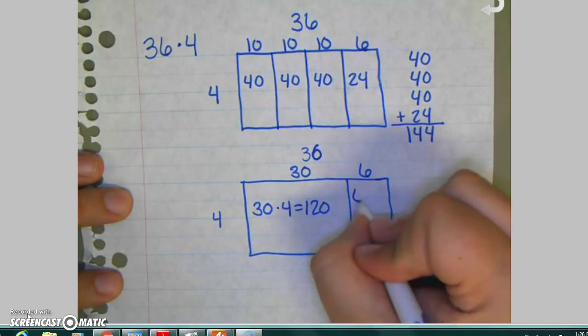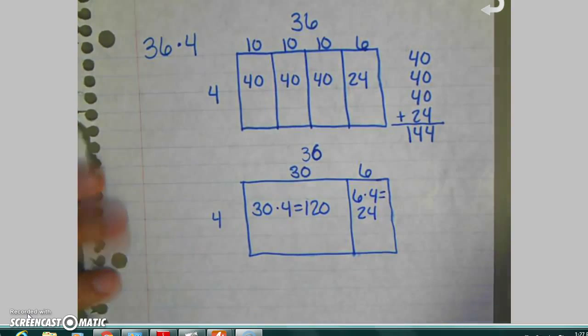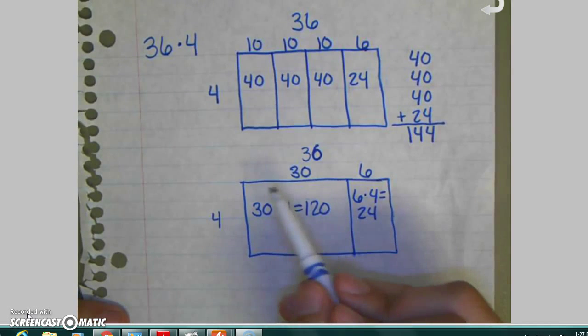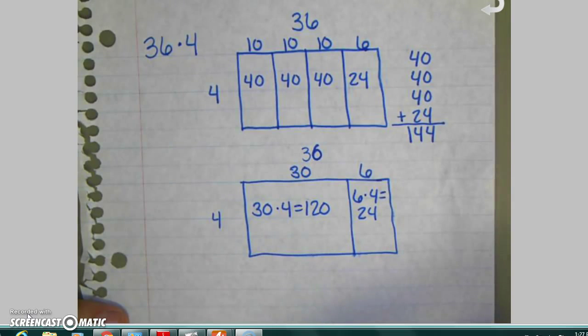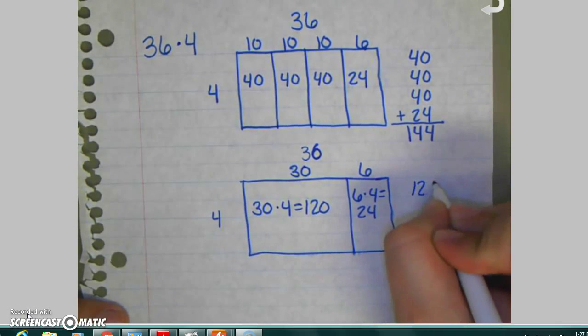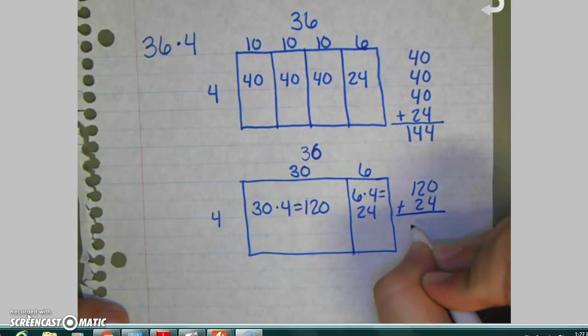And here I know 6 times 4 is 24. This is still working on multiplying by 10, is what we did the other day. And so now I add my products together. 120 plus 24 is 144.